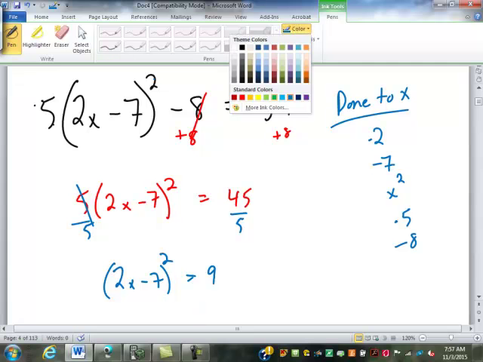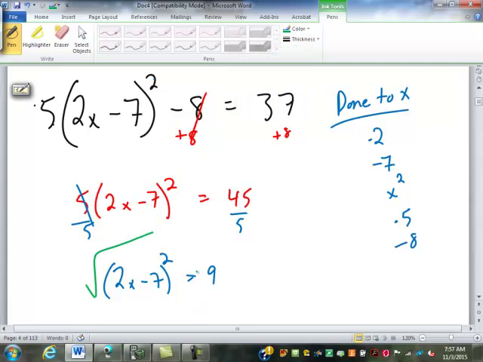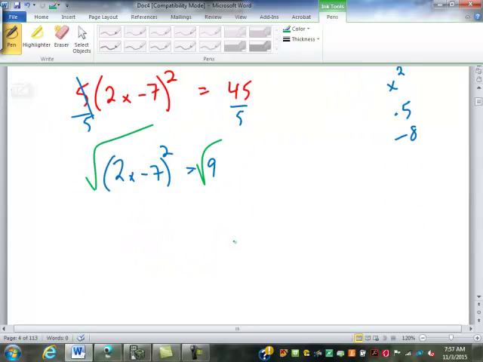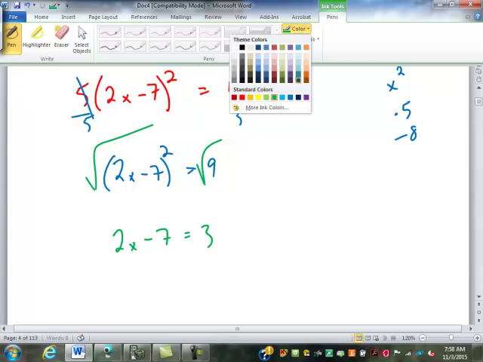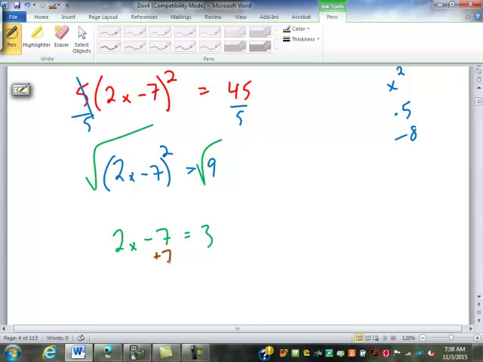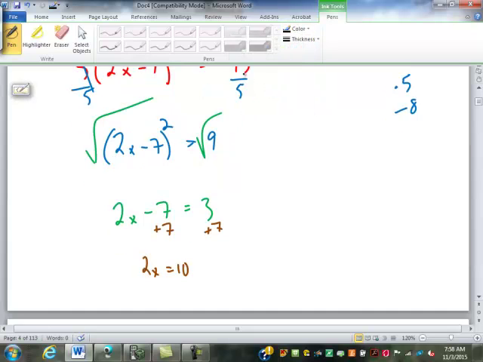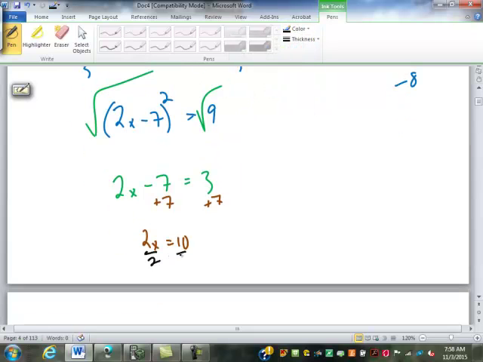Then we can square root. 2x minus 7 equals positive or negative 3. We're just going to stick with the positive. And then, of course, add 7. 2x equals 10. And divide by 2.